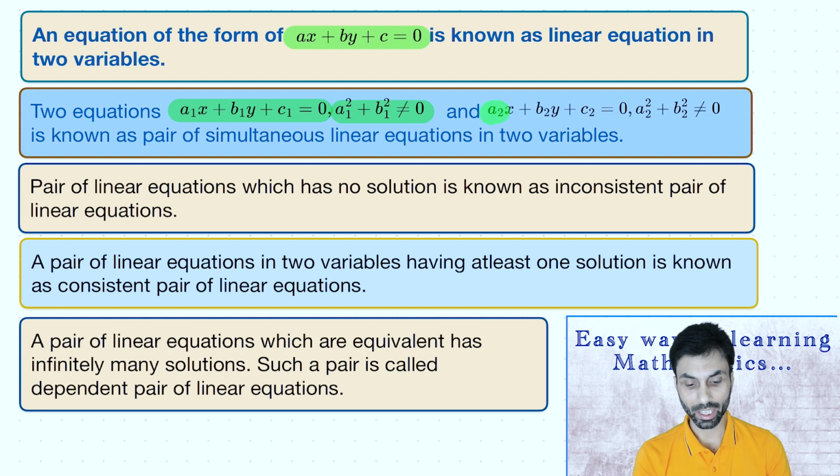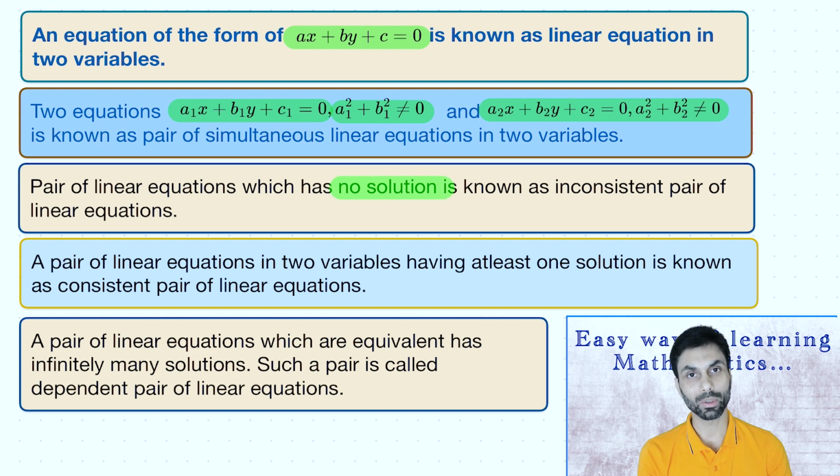And the other equation is a2x plus b2y plus c2 equals 0, where a2 square plus b2 square should not be equal to 0. So this is the system of a pair of linear equations, or we can say a system of simultaneous pair of linear equations.